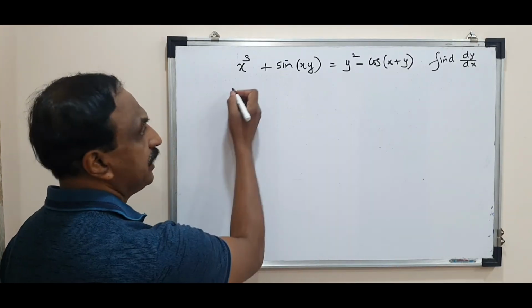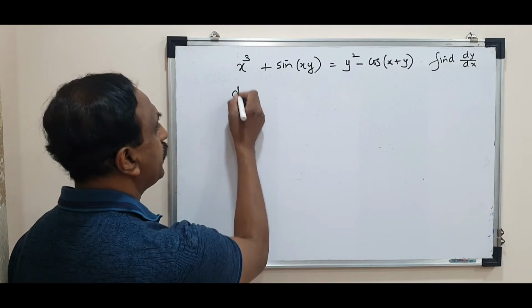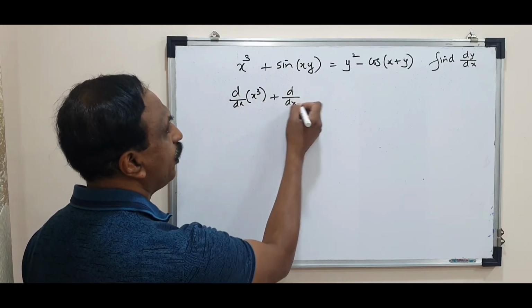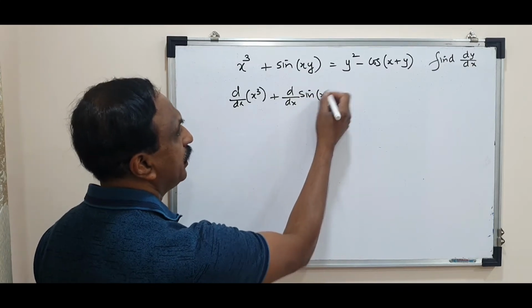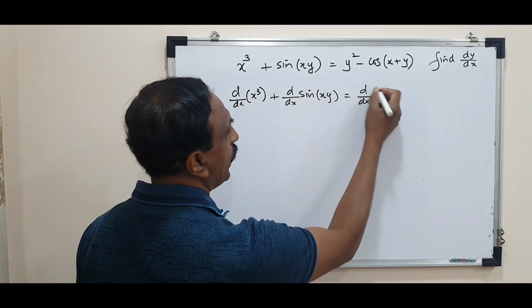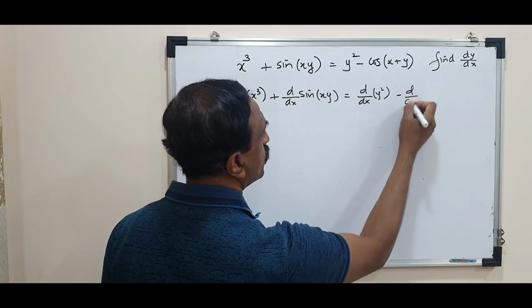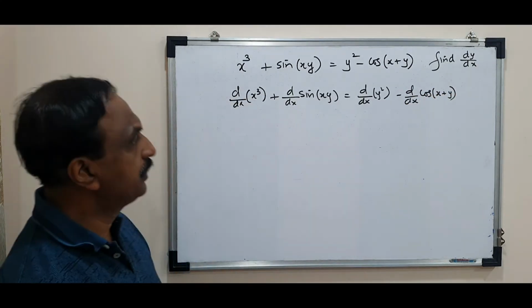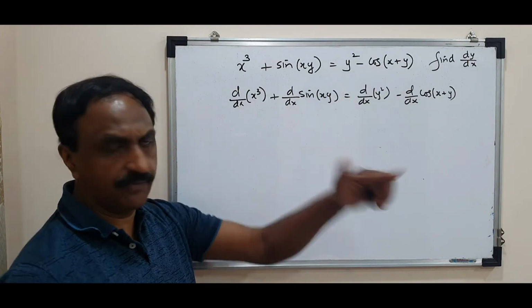Differentiate both the sides. So this time I'm directly applying the formula. d by dx of x cube plus d by dx of sine of xy equal to d by dx of y square minus d by dx of cos of x plus y. I don't have right hand side 0 this time. However it is given, the same way you have to differentiate.